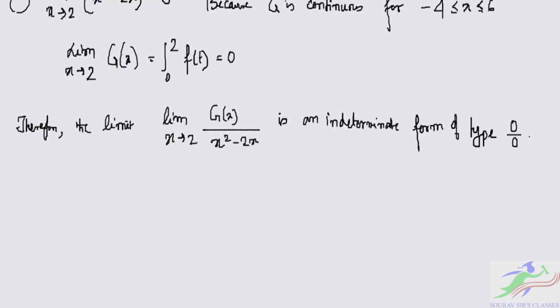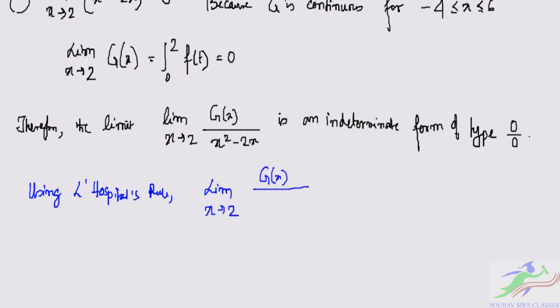Now using L'Hospital's rule, we have the limit as x tends to 2 of g(x) by x squared minus 2x. We take the derivative: the numerator becomes g prime of x, and the denominator will be 2x minus 2 simply, right?